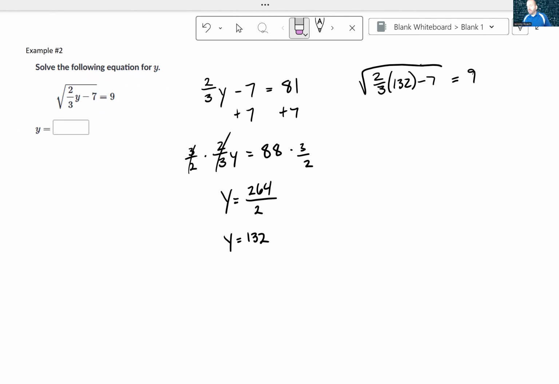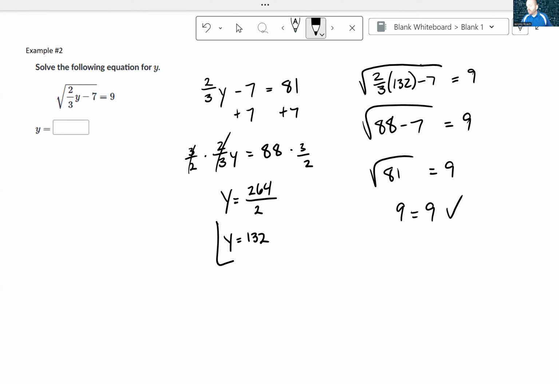So just be careful of that. I almost wrote 9 squared there, and that wouldn't have been correct. So when we check that, we get 2/3 times 132 is 88 minus 7 equals 9. Square root of 81 equals 9, and that is a true statement. 9 equals 9. So y does in fact equal 132.